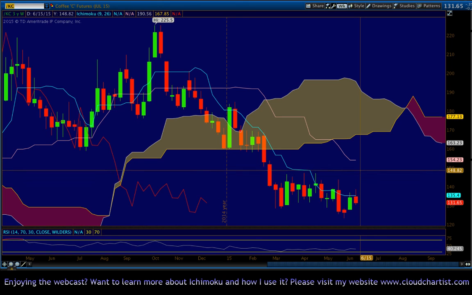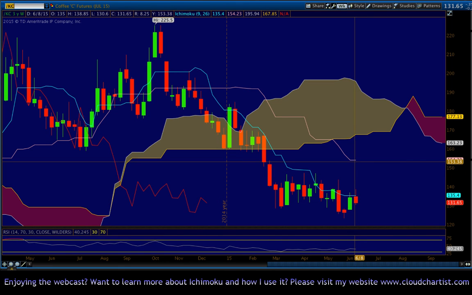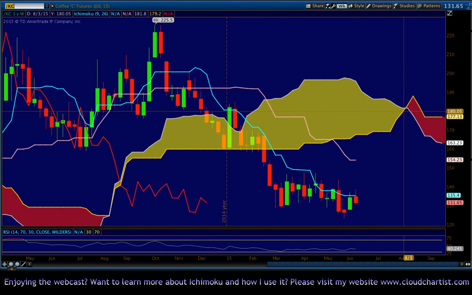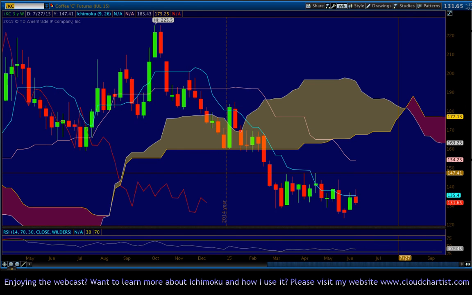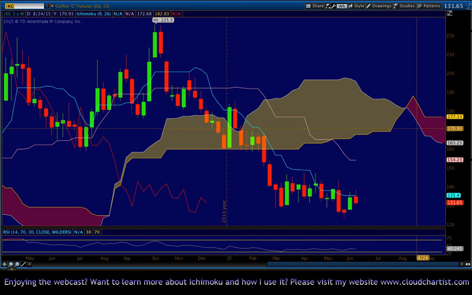One bullish thing about this chart to keep in mind is we have the shape of the cloud making a peak here. So when we get over to late August or beginning of August, if we do get back over 154.23, we could be attracted to fill in the shape of this cloud up here. So we could get a strong up move towards the twist in the cloud here.